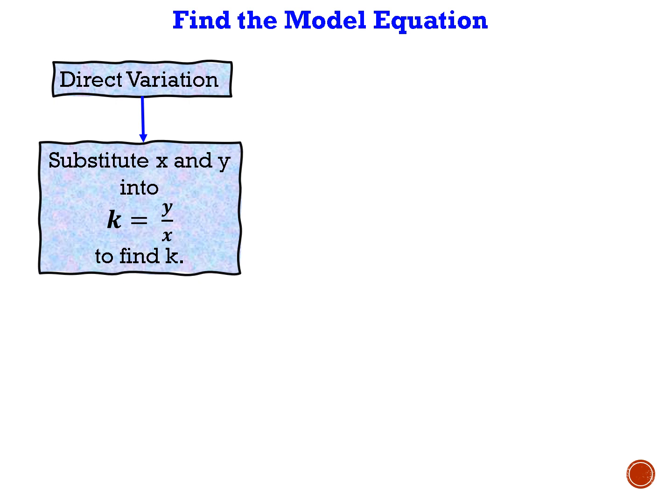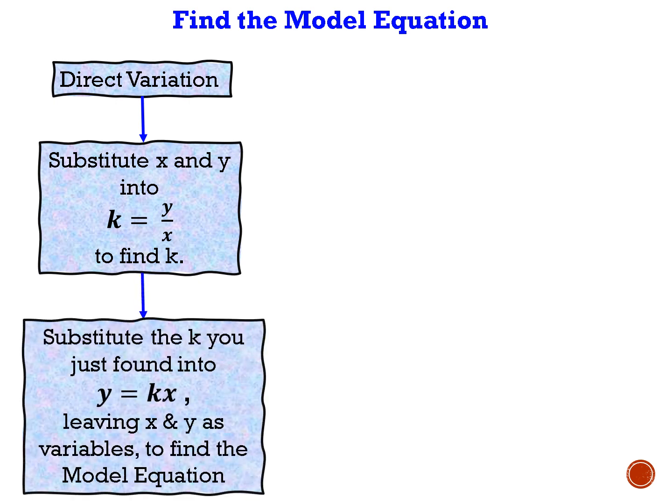Then once we find k, we're going to substitute it into the equation y equals kx, but since we're writing the equation, we want to leave x and y as variables. So your first step is to find the k and then use that k in the equation, because y equals kx is the equation for direct variation.